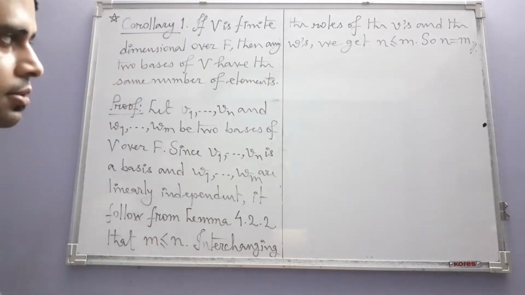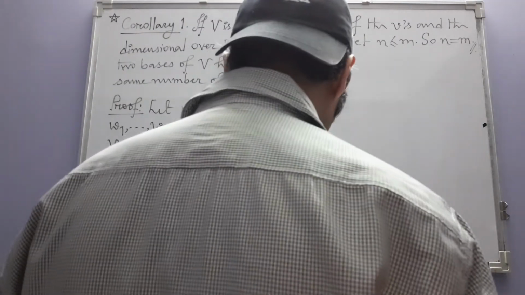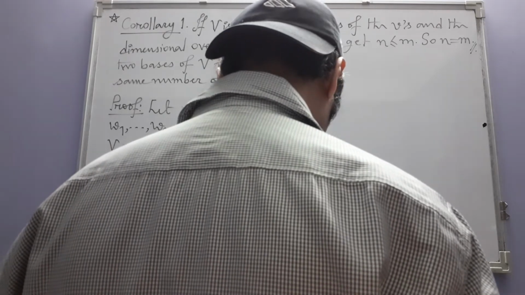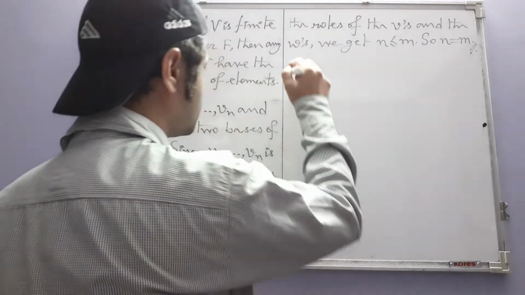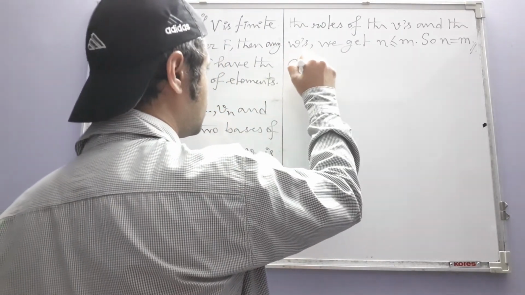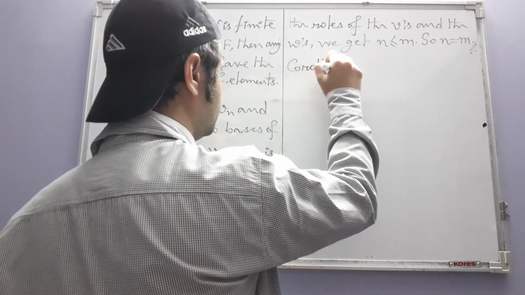That number is fixed, and this leads to the definition of dimension. But before that, there is corollary 2.